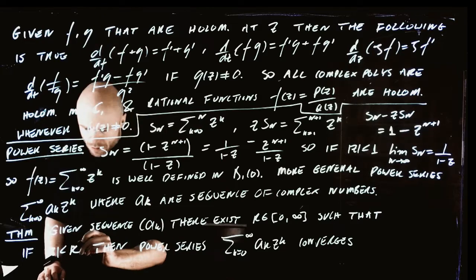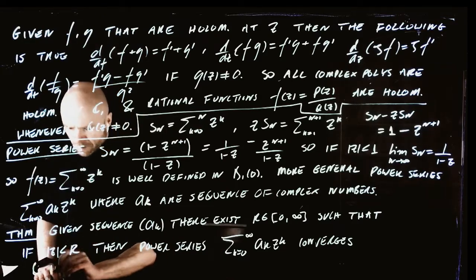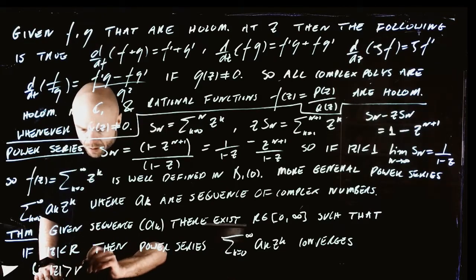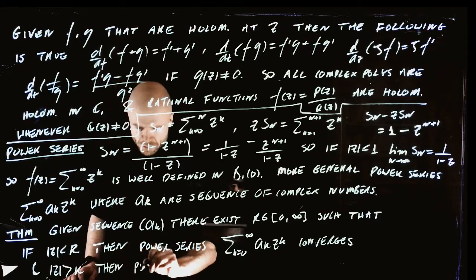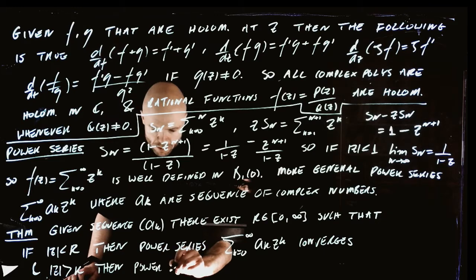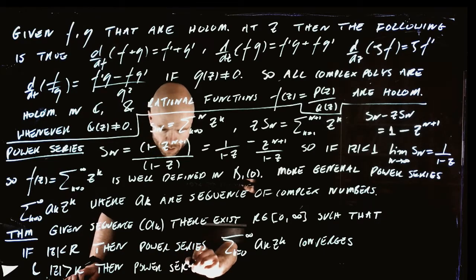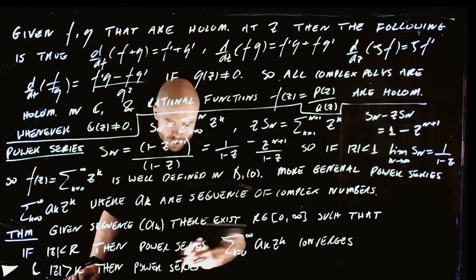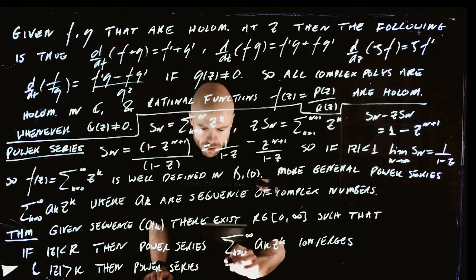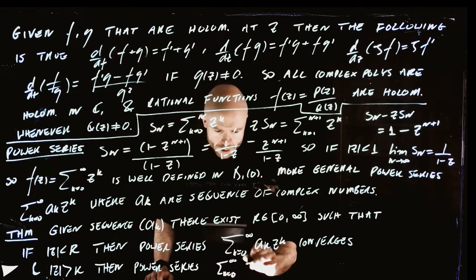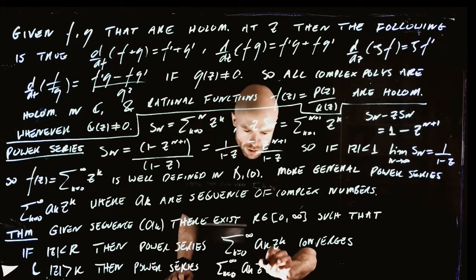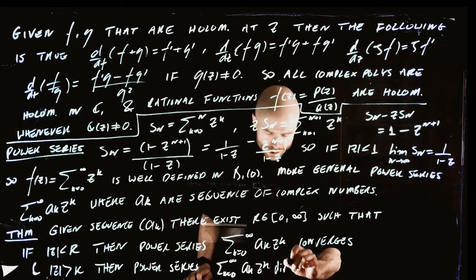If mod z is bigger than R, then the power series, the sum k equals 0 to infinity of a_k z to the k, diverges.